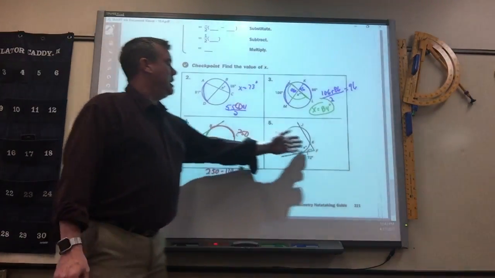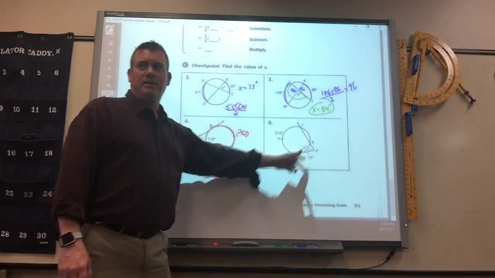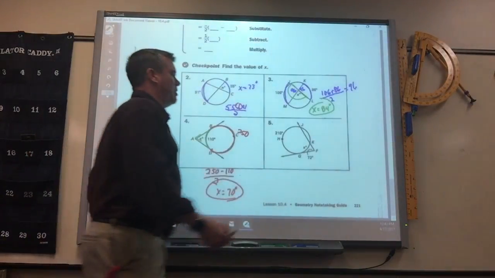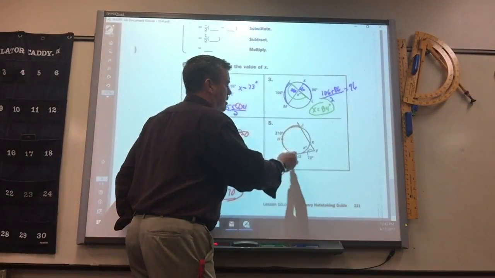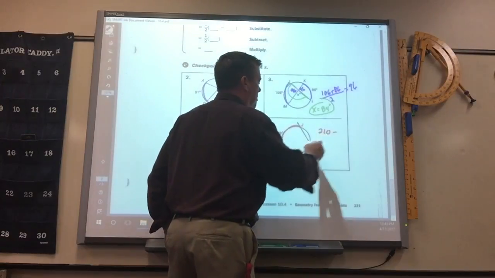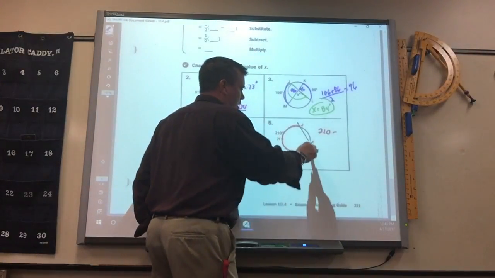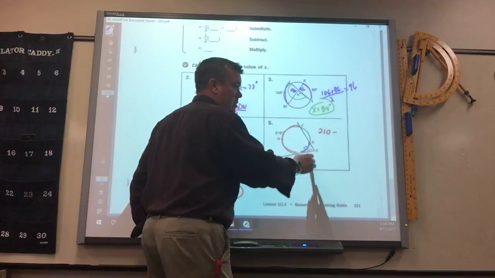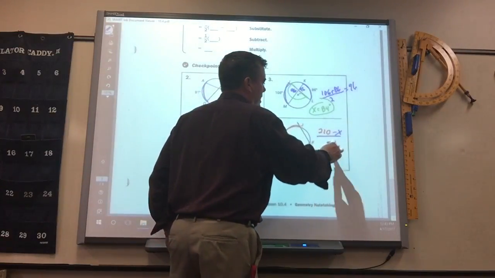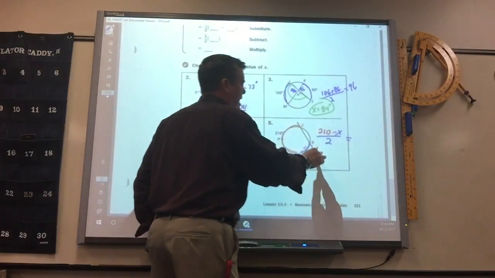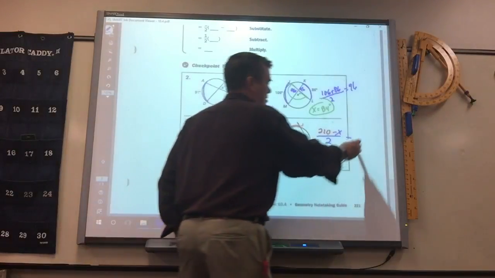Okay. Here, it's part of the arc that they're looking for. So all you do is use the formula. It's the arc, 210, minus the other arc that the angle intersects, which is x, divided by 2 equals the exterior angle, which is 72.